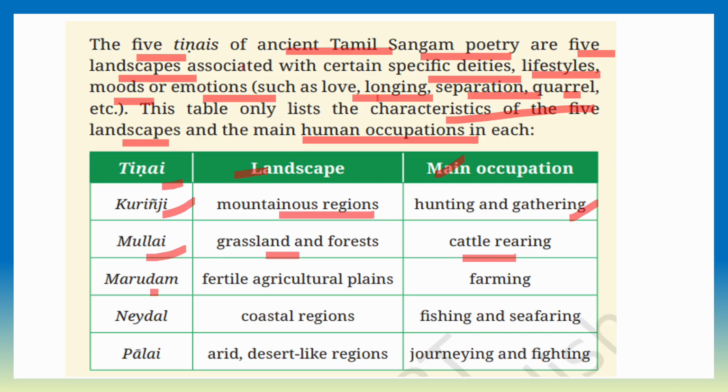Then Marudam. Landscape, fertile agricultural plains. Their main occupation, farming. Then Neidal. Landscape, coastal regions. Main occupation, fishing and seafaring. Then Palai. Landscape, arid desert-like regions. Main occupation, journeying and fighting.